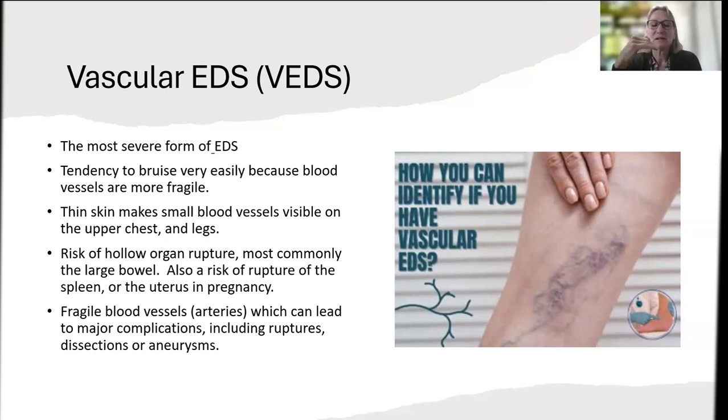And also the thin skin, so you can often see blood vessels through the skin underneath it on the chest and on the limbs as well. With vascular EDS, there's a risk of organ rupture, and also because of the fragile blood vessels, there's a risk of bleeding issues as well.